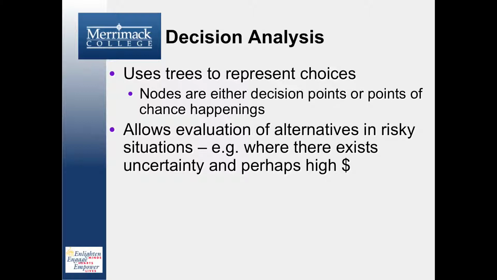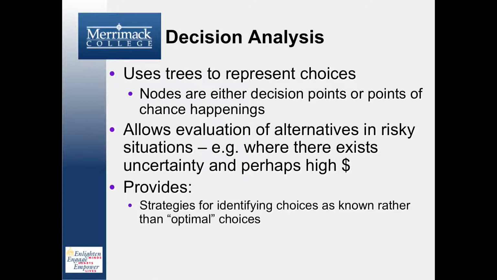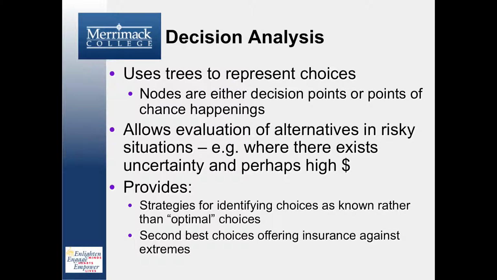This really is a great tool for evaluating alternatives and representing the big picture, so that we can see all of the variables at once. It's great for identifying choices that are available to us. And sometimes we might choose to make second best choices just because of the probabilities involved in what happens if some extreme event occurs.